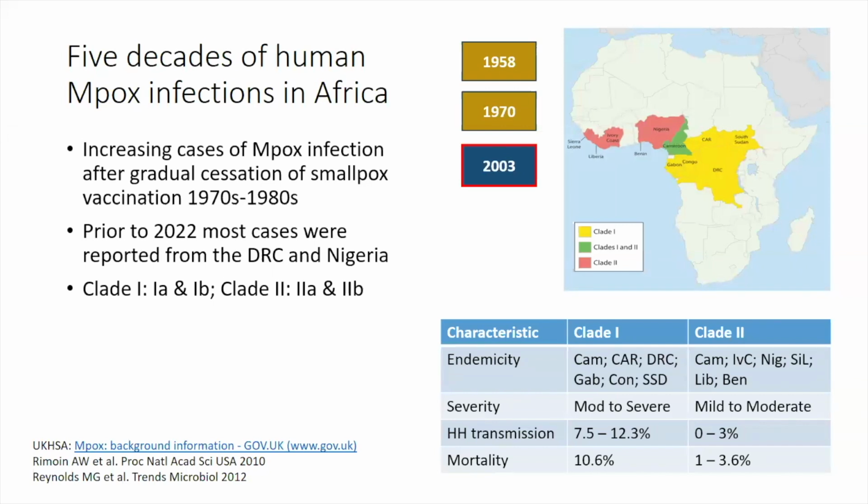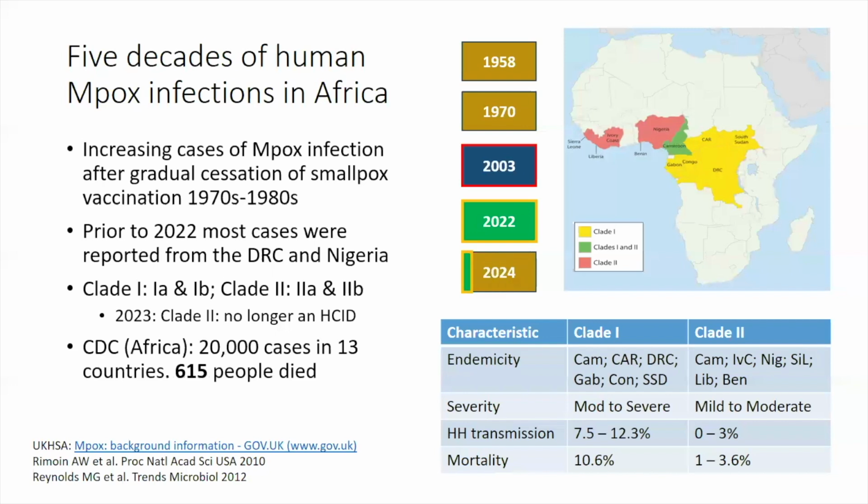Clade 2, especially clade 2b that went to Europe in 2022, the one I just told you about, had a very, very low mortality rate, 0.2 or 0.1 in the United States and a similar number in the UK. As a result, that specific virus is no longer classified as a high consequence infectious disease in the UK.